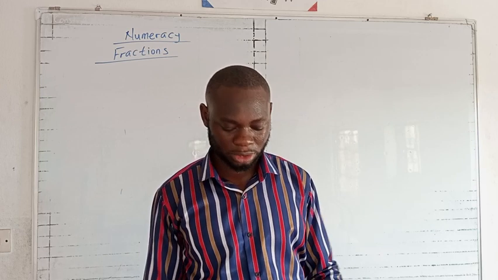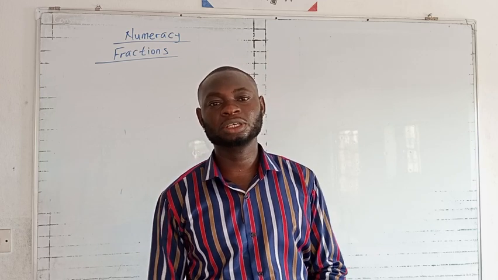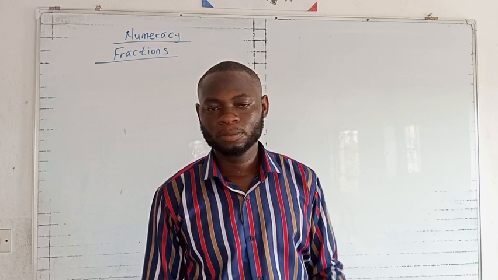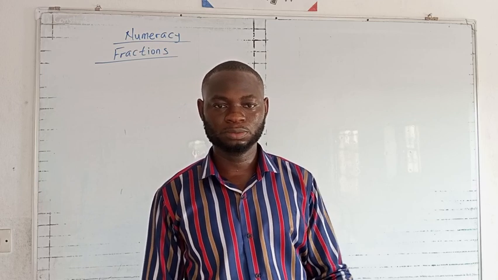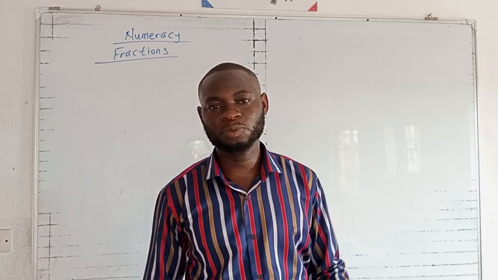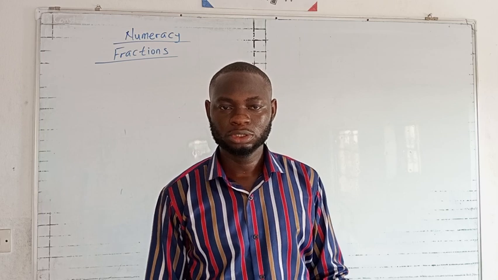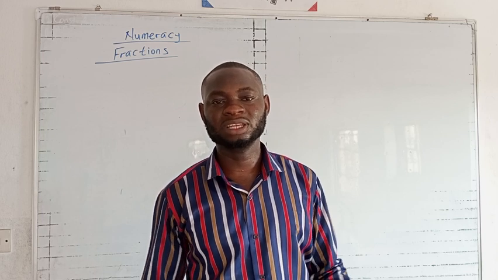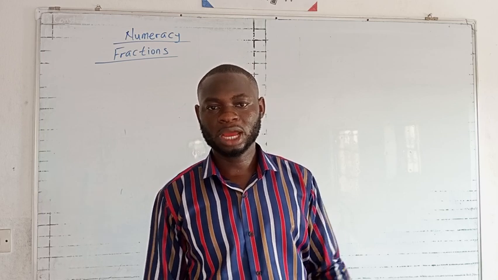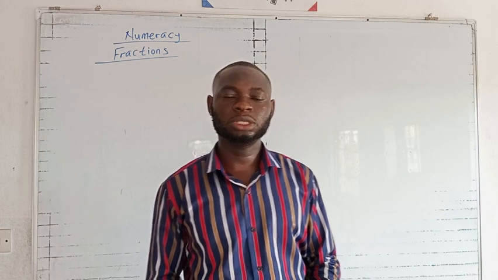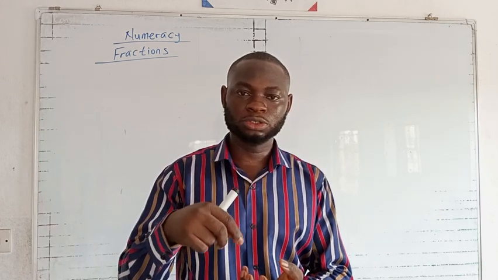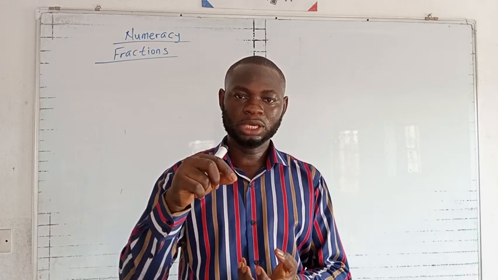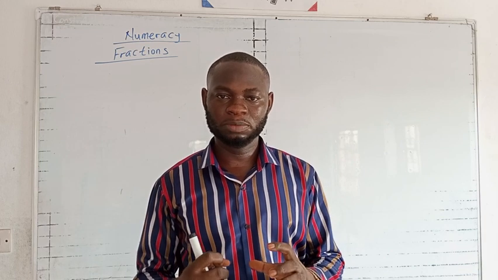Now, what are fractions? A fraction is a part of a whole. I know this is not the first time we are hearing about fractions, so we can easily identify the different types of fraction. The proper fraction is a fraction whose numerator is less than the denominator.